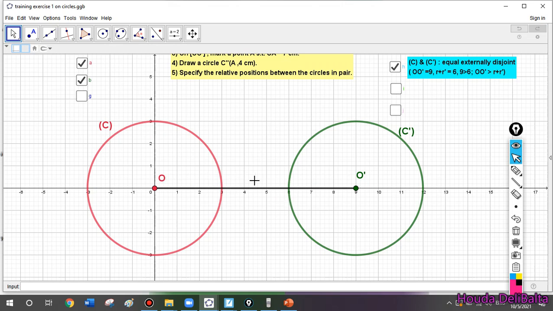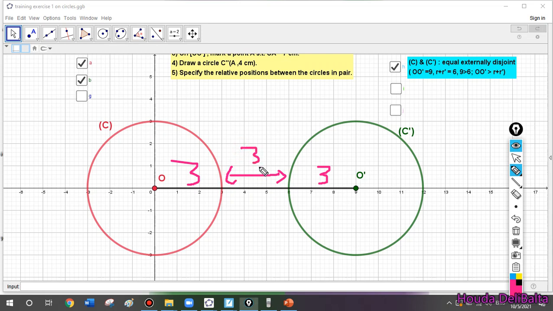It's clear that there is a space in between them, and the distance from O to O prime is 9. It's given, or we can count it, but it's given. It's 9, and that 9 is greater than the sum of the radii. The first radius is 3, as well as the second radius. The sum of the radii is 6, and there is a space that's 3 also in the middle.